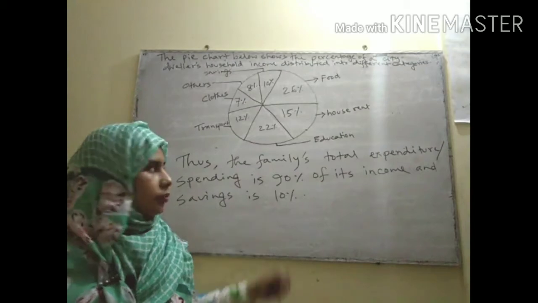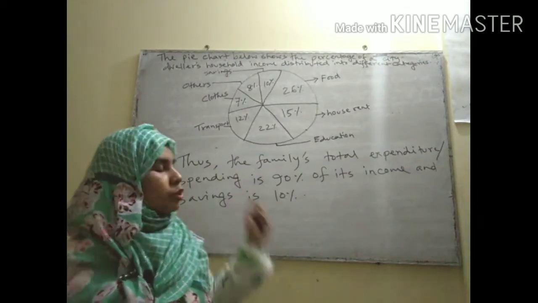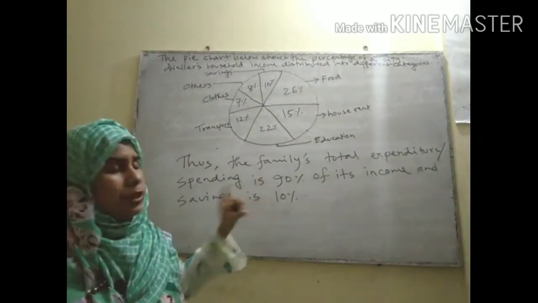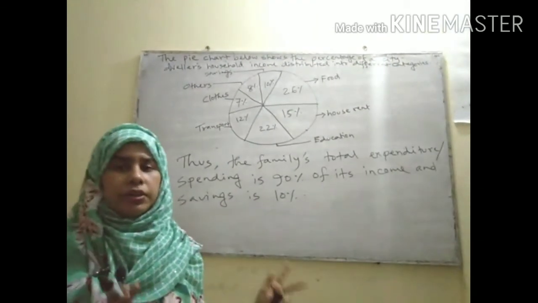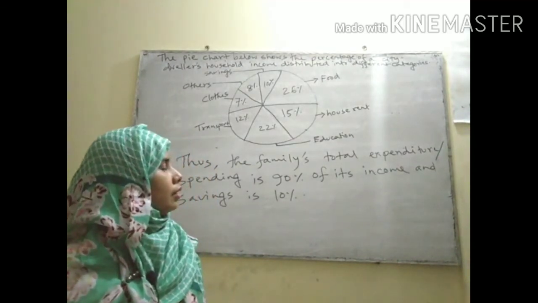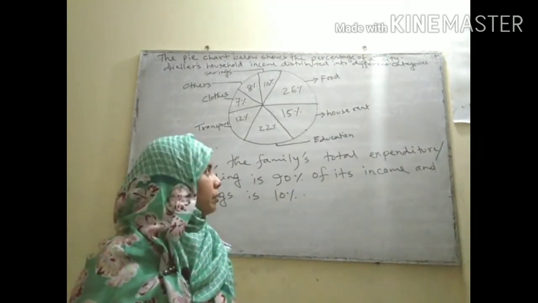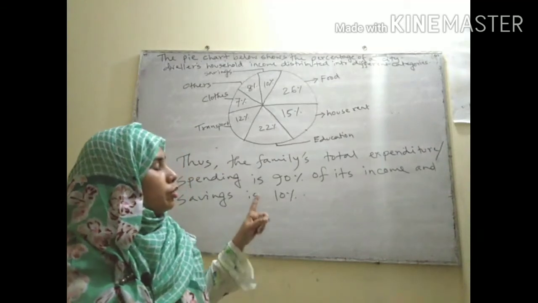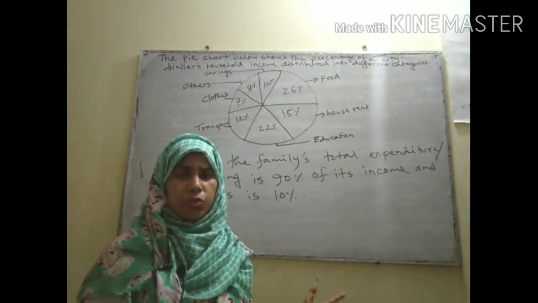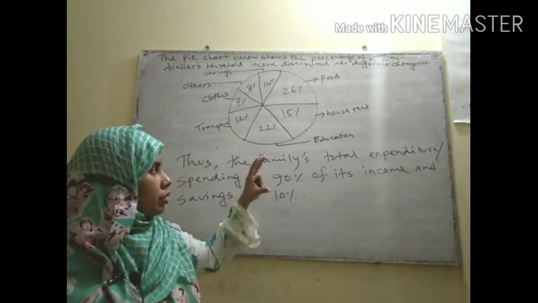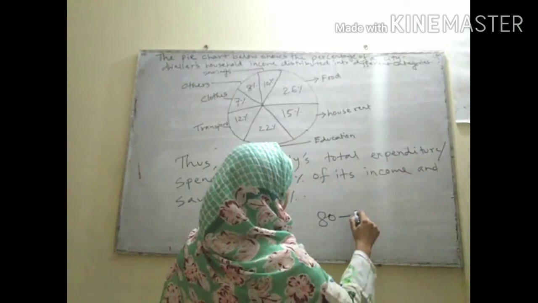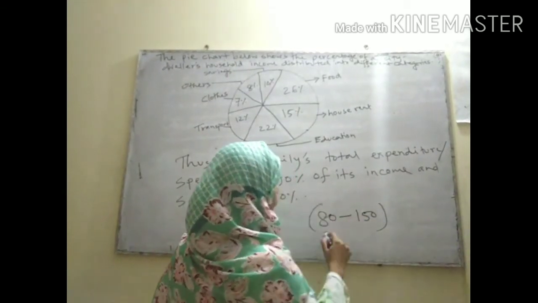So that's all. In your board question paper, you are asked to describe the chart within 150 words. In some board, I found that you have to describe within at least 80 words. So your description will be 80 to 150 words.